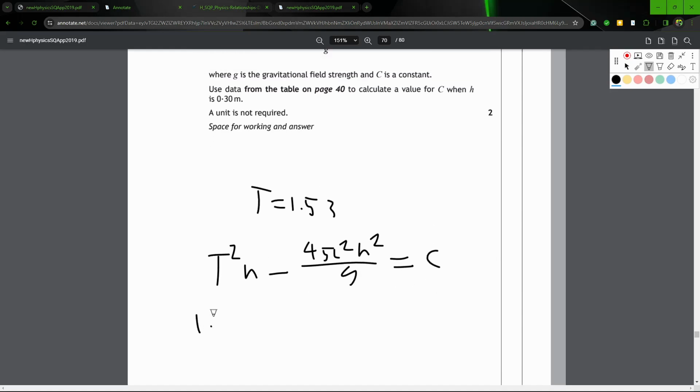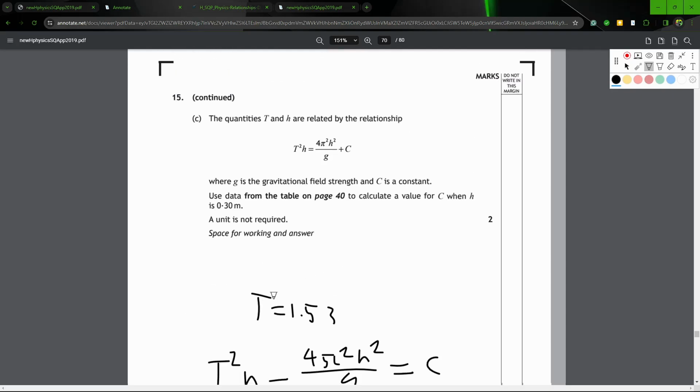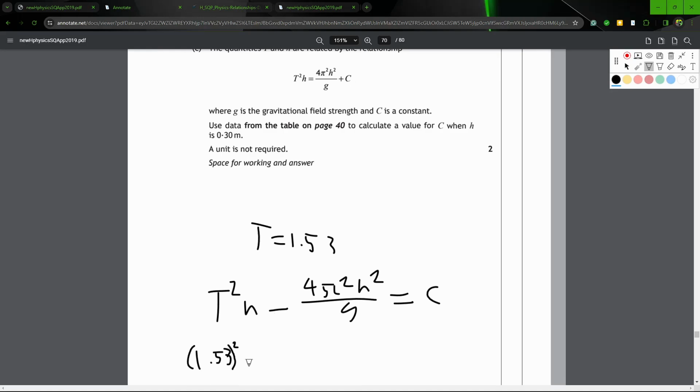So t squared is 1.53 squared. I'll put brackets around it just in case. h is 0.3. Take away 4 pi squared, pi is a constant, so 4 pi squared is a constant. h is 0.3 squared over g, which is 9.8, and that should give us c.